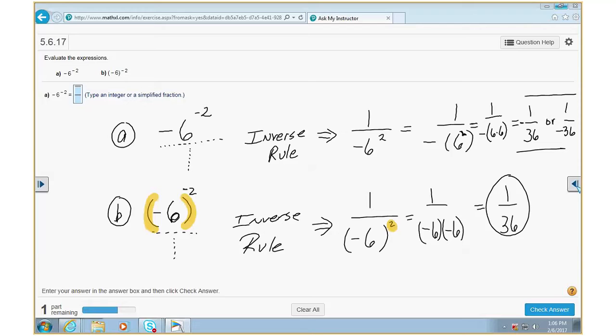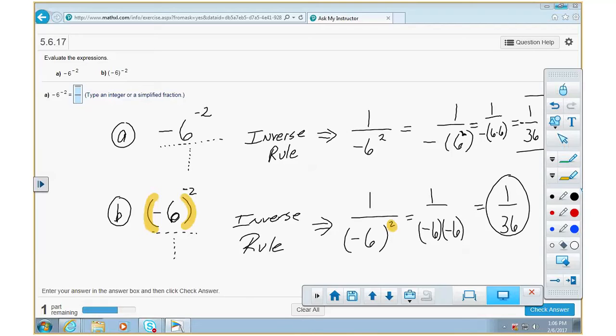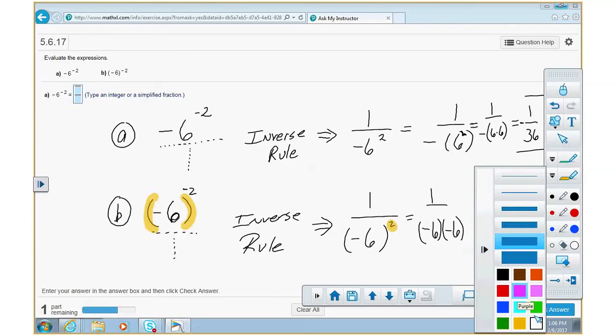That's the difference between the two. The difference between the two, I'll take my handy dandy green highlighter, is right here. And then down here, that's the difference between the two.